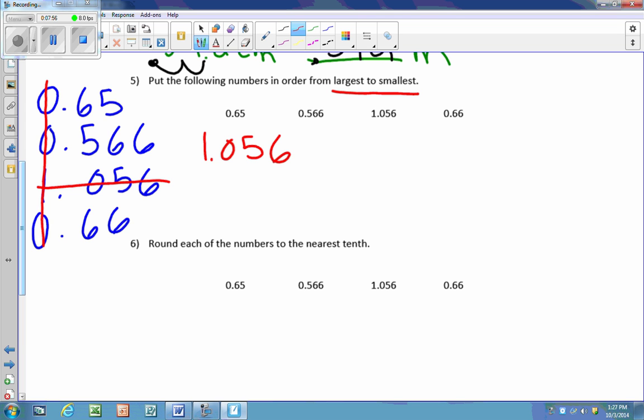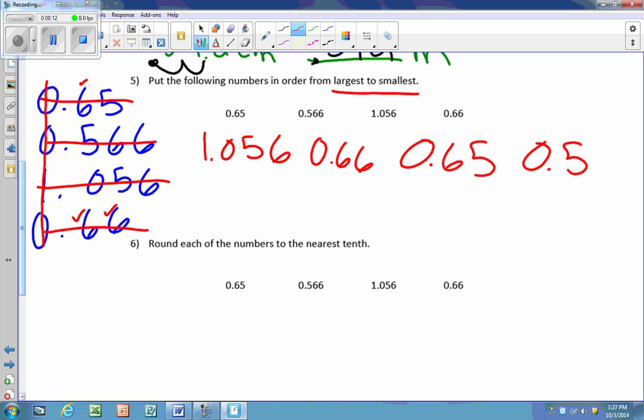So then when I go into my next row, I notice that this 6 and this 6 are the next largest, so I have to look one more spot. This one has a 6, so this is my answer here. Then I go to this one, and then my last one. I'm not done yet though, because I need to make sure that I put in my inequality sign. Since it's largest to smallest, I know that this is my largest, so I have to do greater than symbols in between.